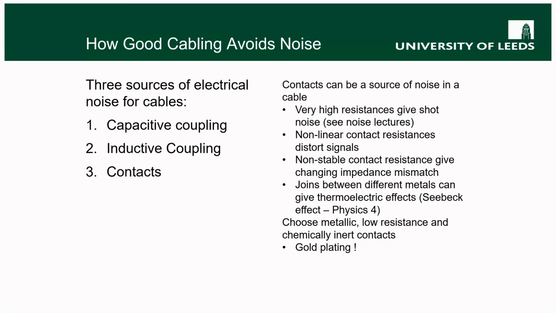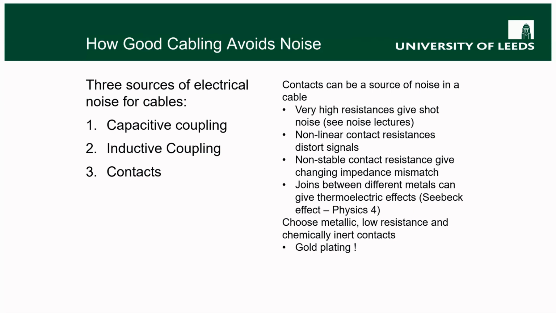If you have a non-linear contact resistance, then you're going to distort the signals because the impedance for a positive signal is different from the impedance for the negative signal, and that's going to cause horrible problems. And in particular, if you don't have a stable contact resistance, then you get some kind of time-dependent impedance mismatch, and that really is also going to introduce a lot of noise.